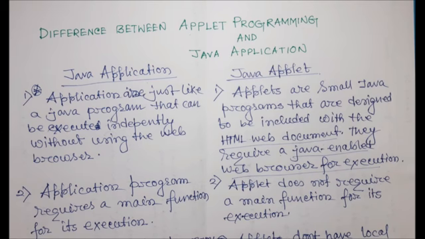That is the sequence of the applet life cycle. But here we have not seen any main method. For any Java application, the main method is compulsory. So that is one of the important differences between a Java application and a Java applet.